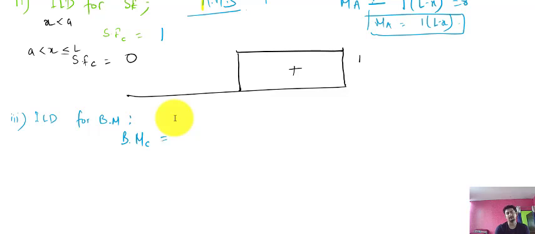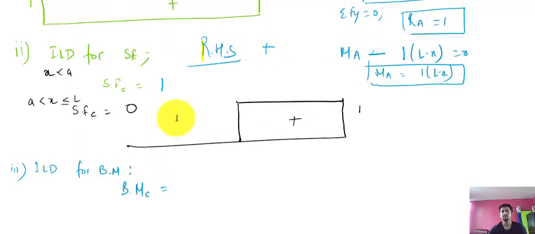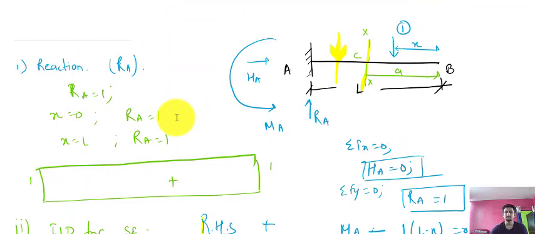For that, the bending moment equation at C will be: put your hand here at the x point and see when the unit load is in CB.